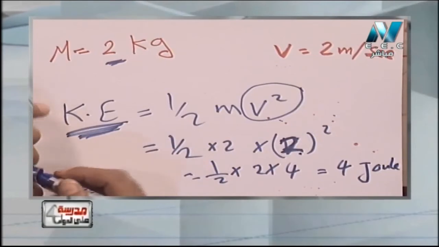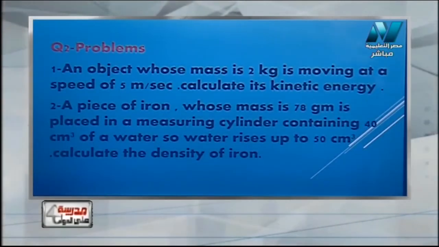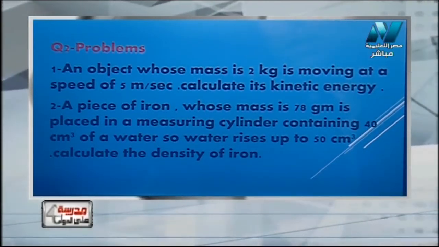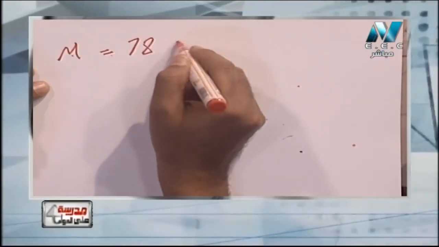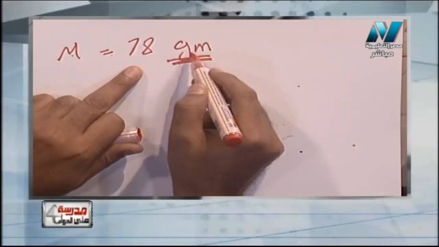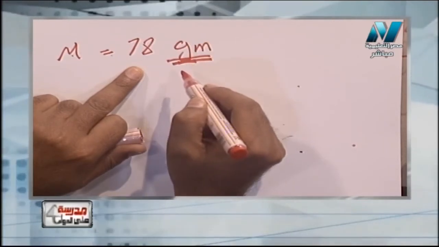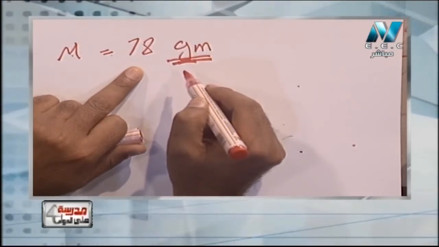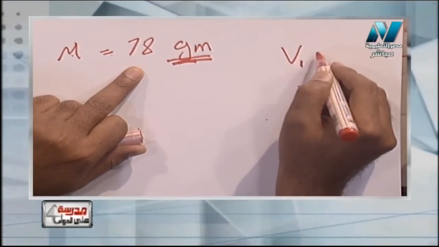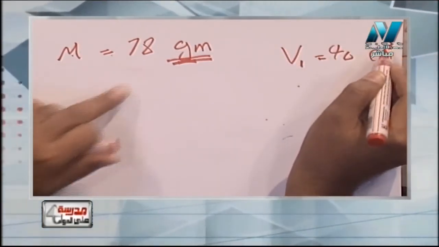4 joule. Another question. A piece of iron whose mass equals 78 gram. Mass here in gram, yes, because he talks about density. It is placed in a measuring cylinder containing, so the measuring cylinder V1 has 40 cubic centimeter of water.